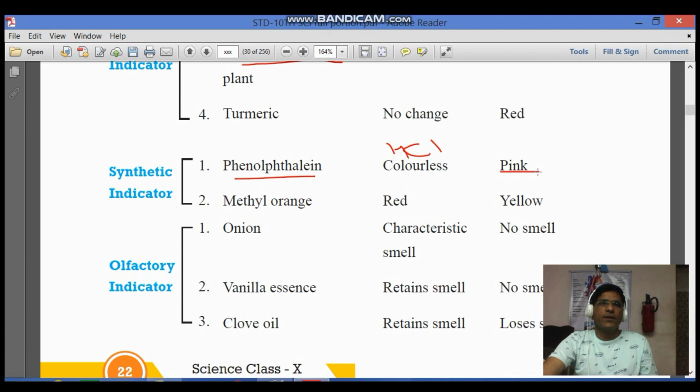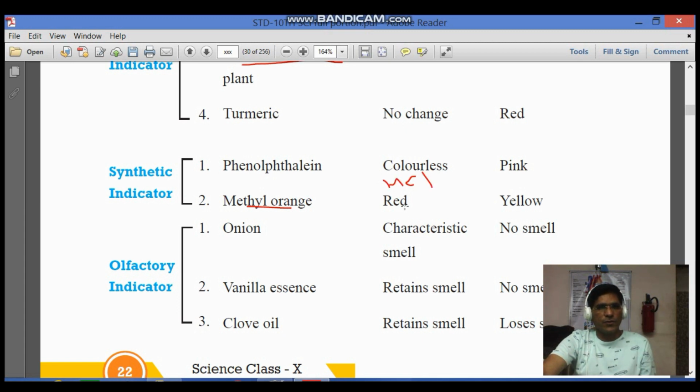But when it converts into base with NaOH, as the percentage of NaOH increases in the titration of acid and base, with acid in the flask and NaOH added, the color becomes pink, because we have already added 2 to 3 drops of phenolphthalein. Now the same with methyl orange. When the acid solution is there, it will be converted into red.